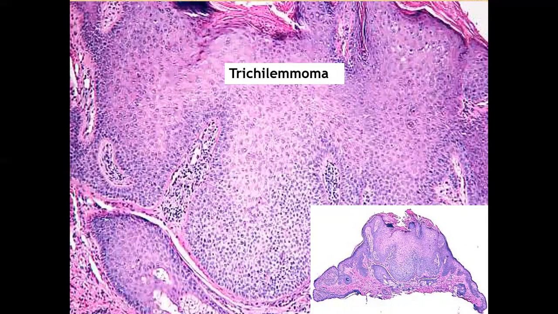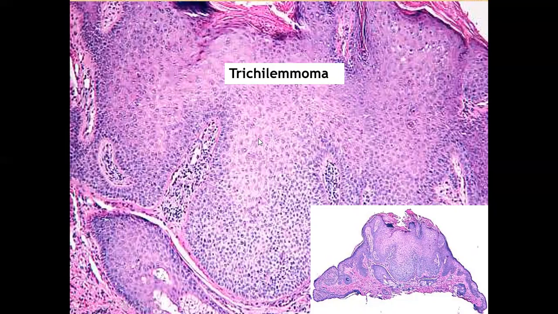Tricholemmoma is another tumor originating from hair follicle epithelium, and this tricholemmoma is again seen within the epidermis only. The tricholemmoma will give a crater-like appearance, as we also see in keratoacanthoma, but the cells of the epidermis have a clear cell morphology.